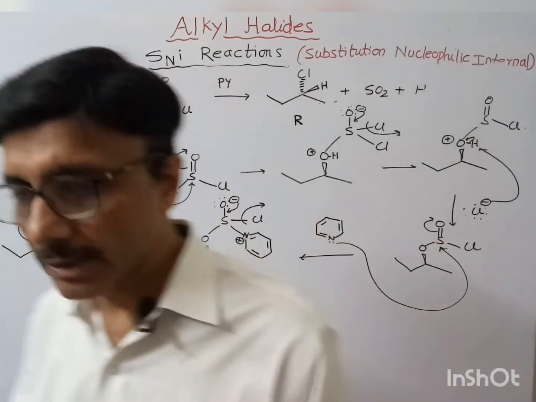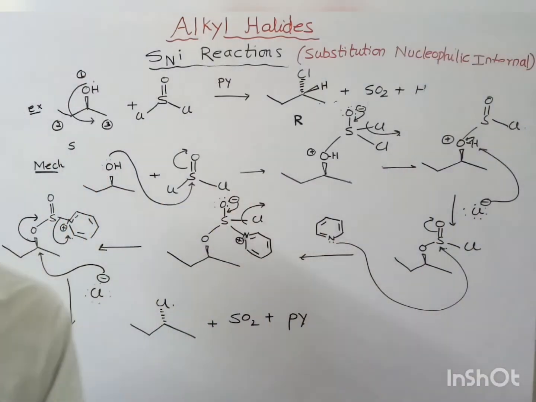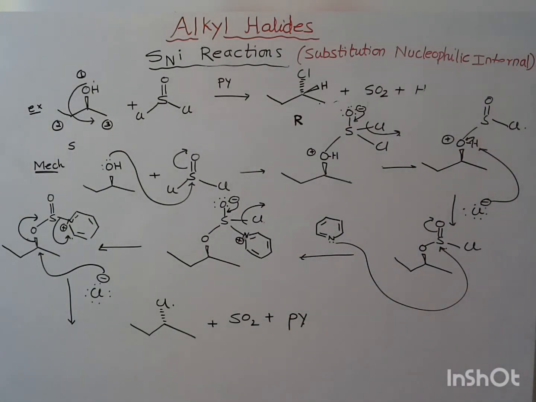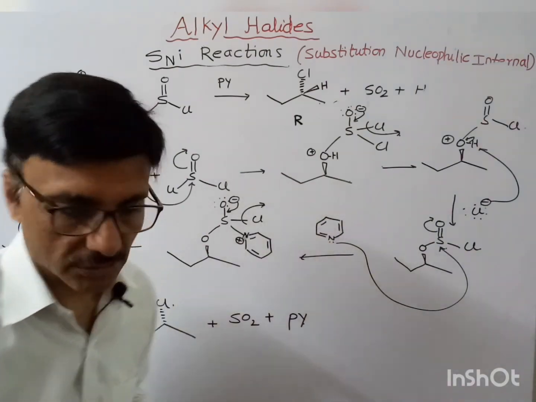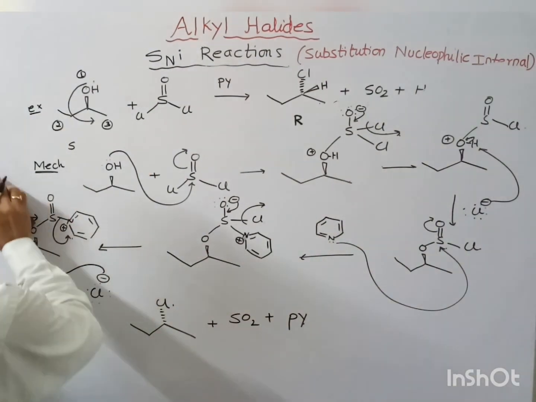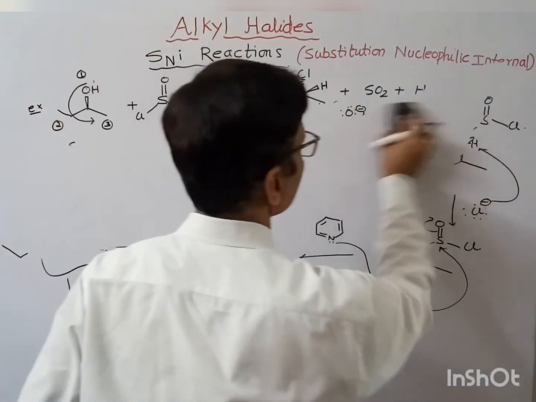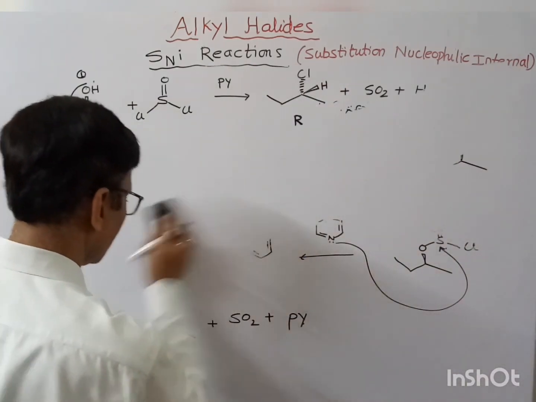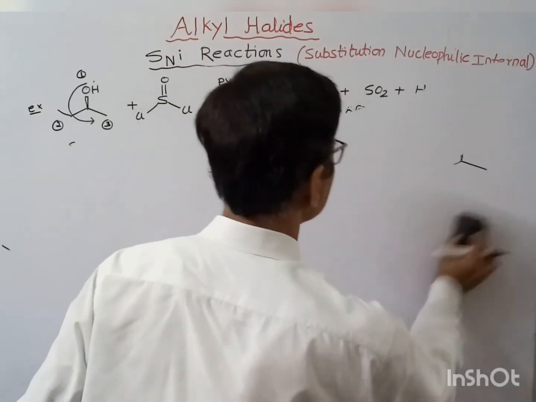Now if we take PCl5, in presence of PCl5 also the inversion of product takes place. So if we see the reaction of alcohol with PCl5, then also inversion of product.